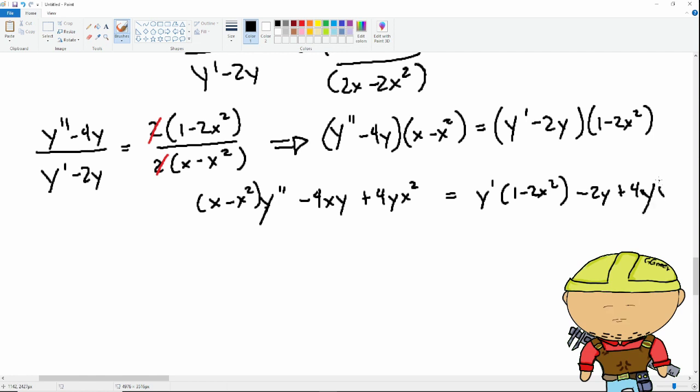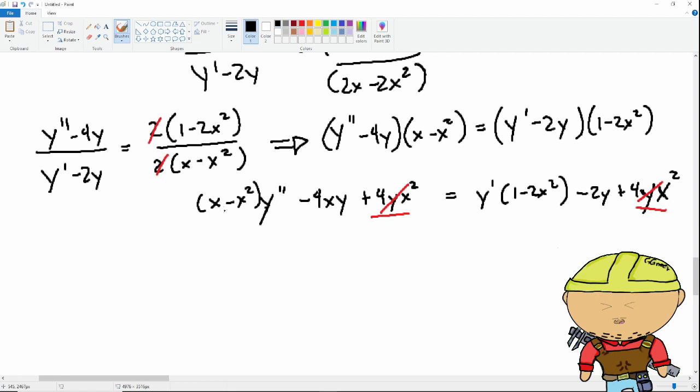Let me just write this down. Notice that there are common terms on the left and the right side of the equation, both positive, so we cancel them out.